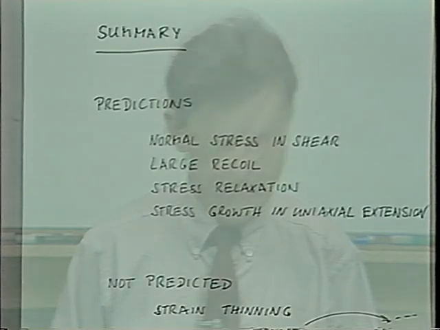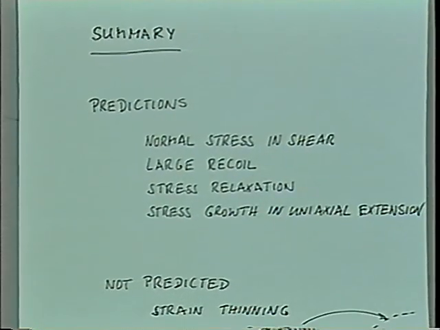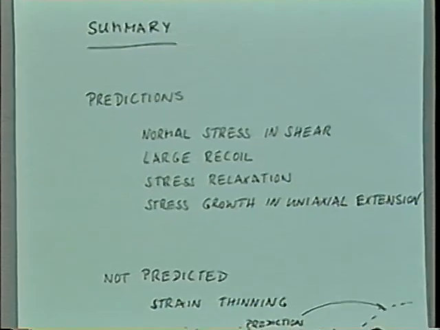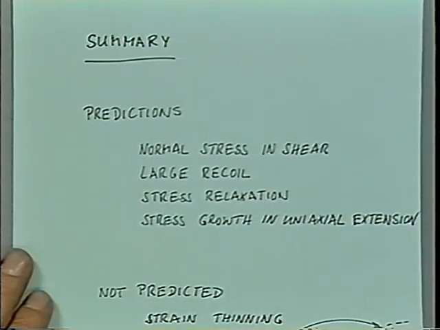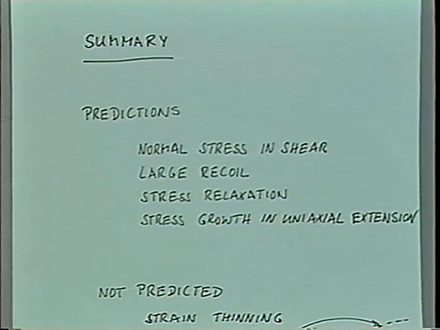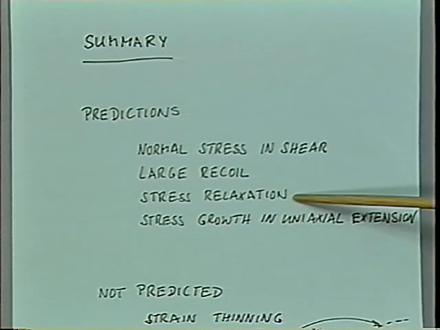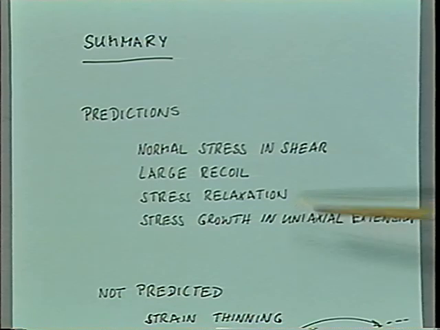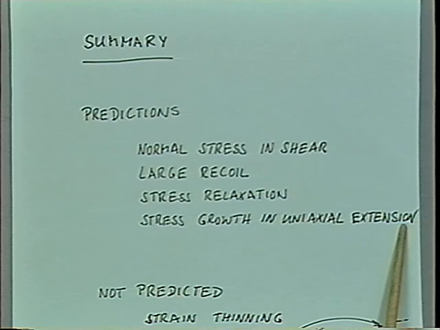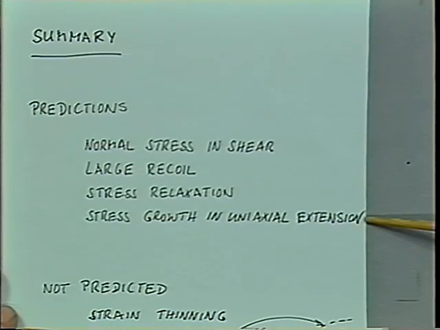Let me sum up our results which we had today. The predictions of the viscoelastic integral model which we looked at are very nice for normal stresses, for recoil, and for relaxation, as long as we stayed in fairly small strains. Also, the stress growth in uniaxial extension has been modeled very nicely. That's actually one of the biggest successes.